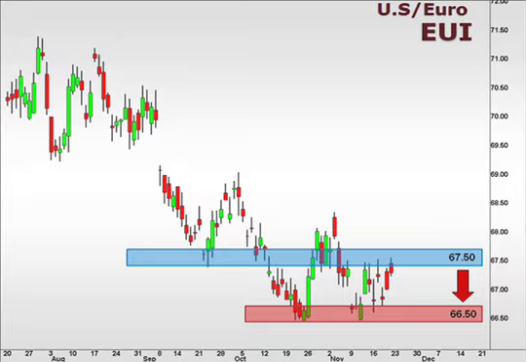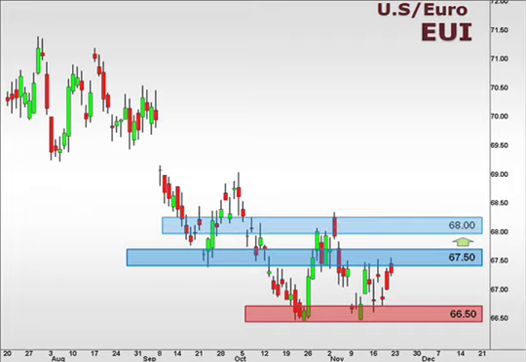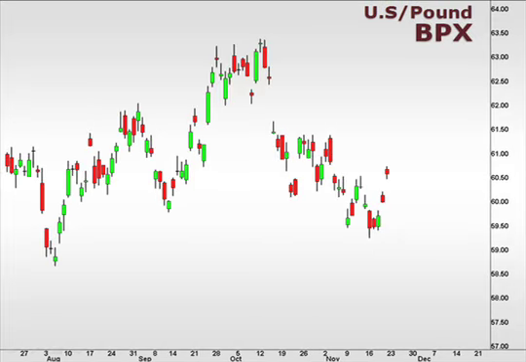If we do happen to break this 67.5 level, 68 is a near-term resistance. So there's not a lot of upside past 67.5. Now, if we do see a push beyond 68, that opens the window up for a more robust US dollar rally against the euro.